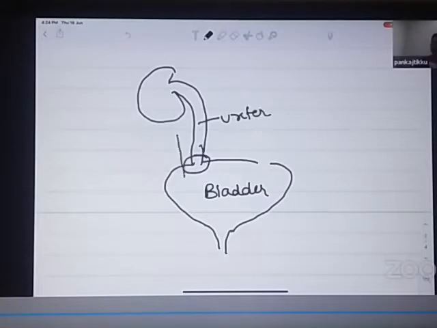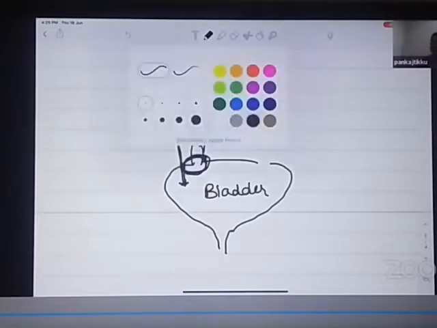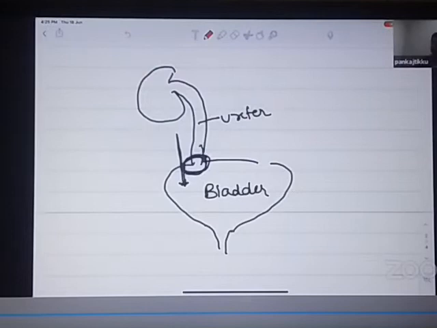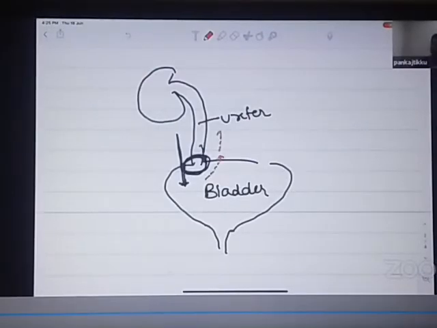Normally, as you must be knowing, there is always a one-way flow of urine from the ureter down to the bladder. But in some children, either this orifice, the vesicoureteric junction, is not properly developed, or there is some other physiological abnormality, as a result of which, when the child applies pressure on the bladder, the urine, rather than flowing down into the urethra, starts refluxing up into the ureter and may actually go right up into the kidney.